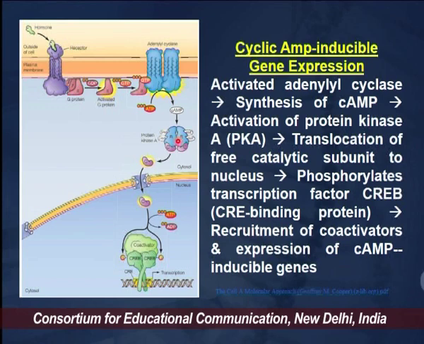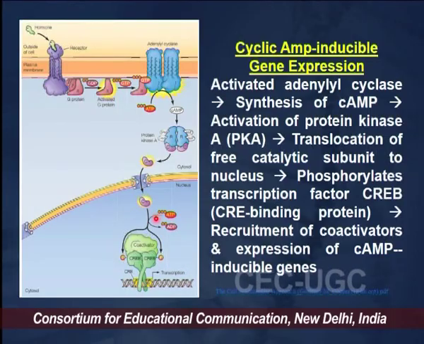One is the regulatory subunit, which contains the docking sites for cAMP, and the other type is the catalytic subunits. Whenever cAMP comes, it binds to the regulatory subunits, which causes a conformational change and thereby releases the catalytic subunits. Upon getting released, these catalytic subunits become activated and enter into the nucleus.